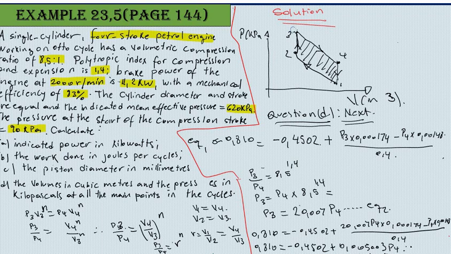I'm going to say therefore P4. So to get P4, I'm going to send this element to the other side. It becomes positive, and then I'm going to divide both sides by this coefficient. Okay, I'm going to show it on the new slide.